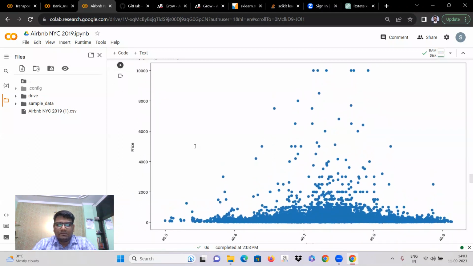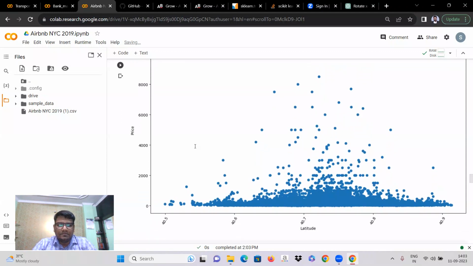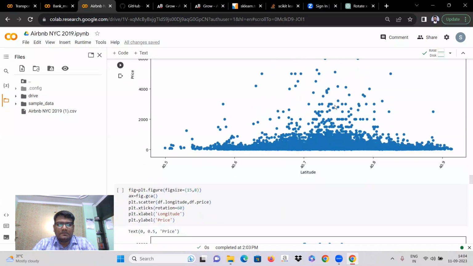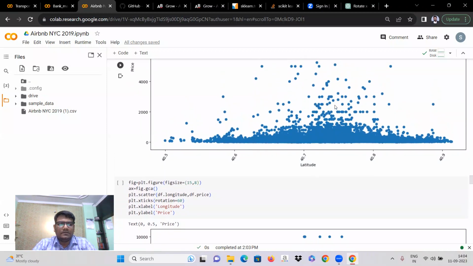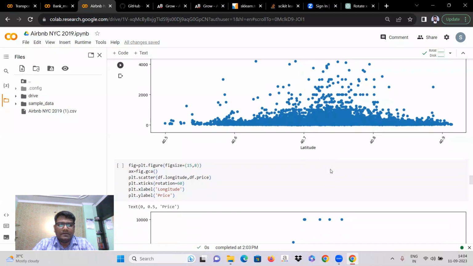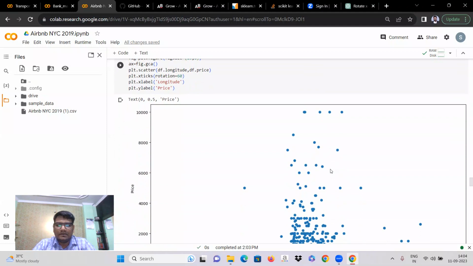We see where customers have preferred to pay a larger amount is between the latitude of 40.7 to 40.8, and here is the place where we were able to get a few customers who have paid about $10,000, and most of the customers have stayed between 40.7 to 40.8. So this is the meaningful insight.